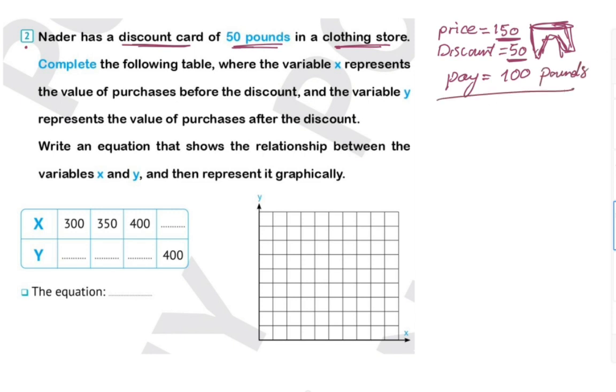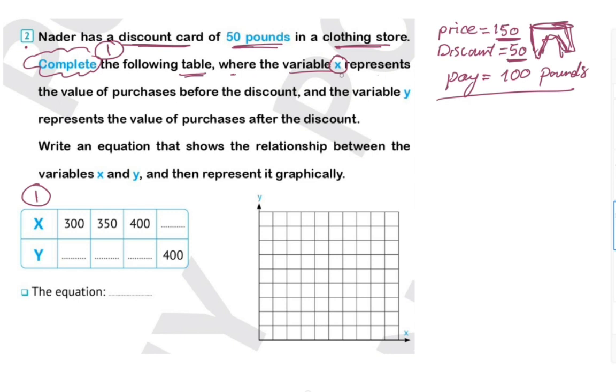Now he asks us to complete the following table. So the first question, to complete the table, this number 1. Variable x.